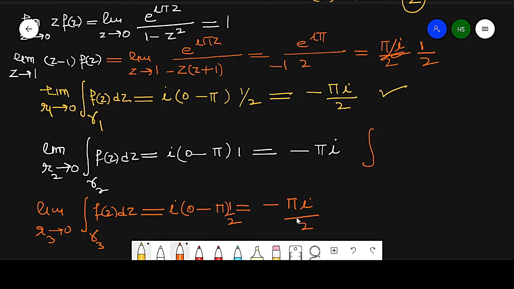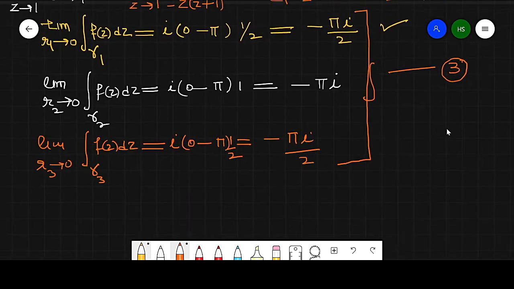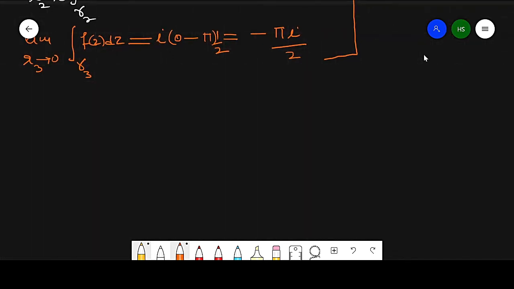This value can be found out with the help of, so first I write these values as equation number 3. Now for the third part, we will apply Jordan lemma to find the integration. So what is that integration?